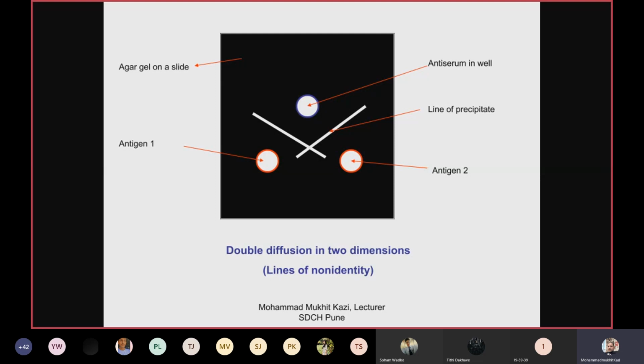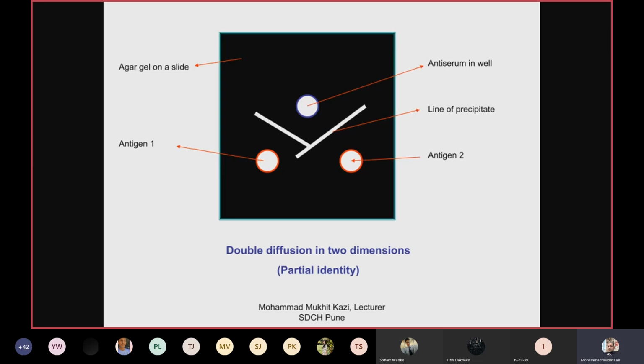If they are dissimilar, they will form a cross-shaped precipitation line. Why a cross-shaped precipitation line? Those antigens are different from each other. That is why they form lines of precipitate, but there will be a crossover. So antigen 1 and antigen 2 are different, but they will bind to that antiserum which has specific antibodies. But these antigens are different. That is why you will get the cross line.